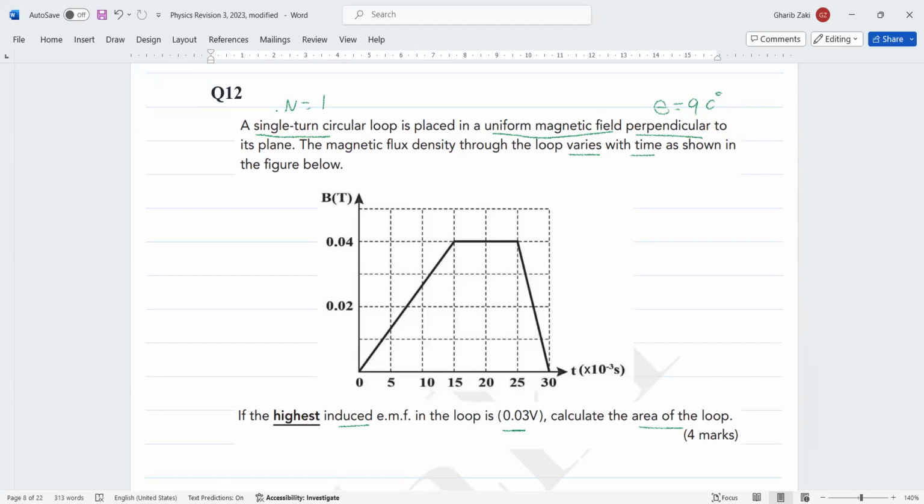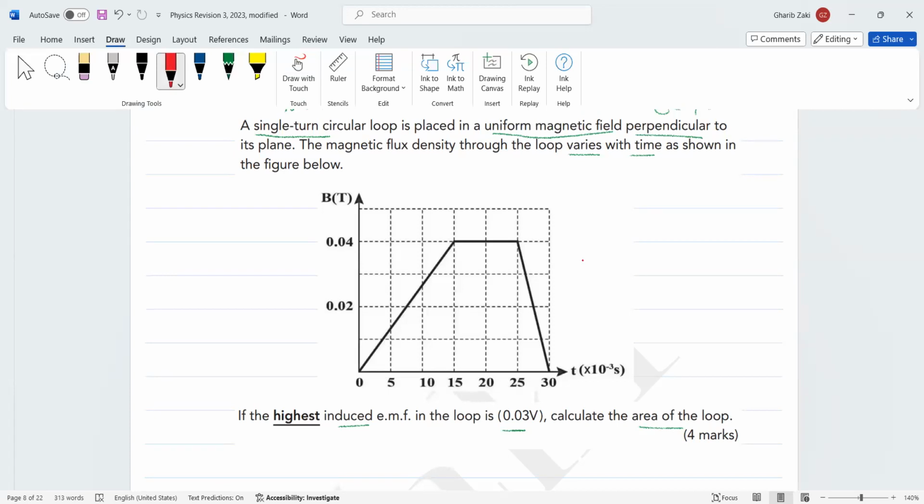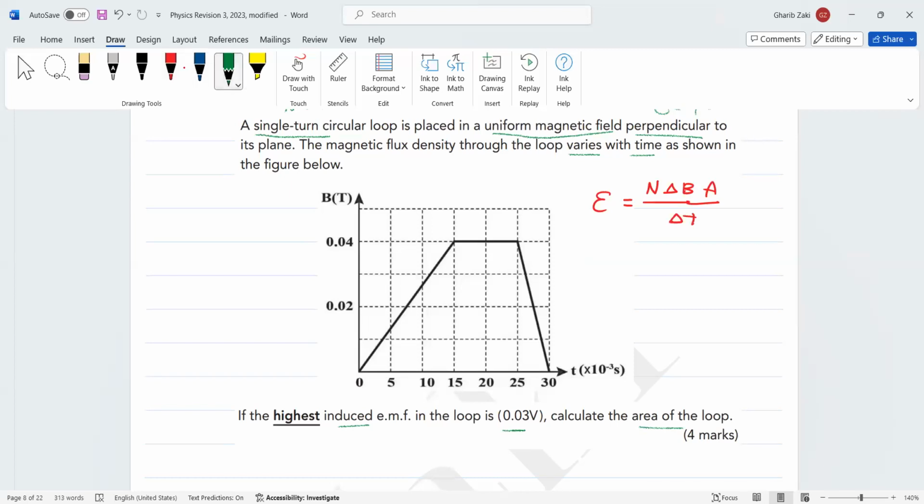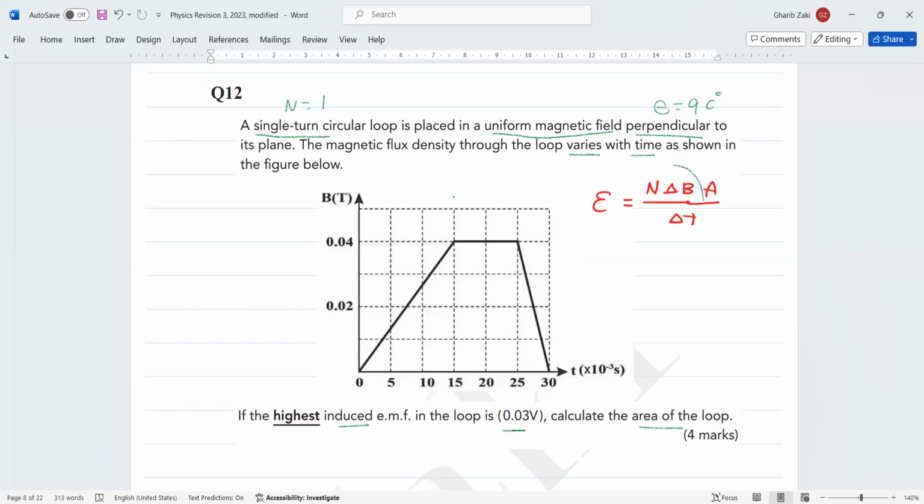What is EMF induced? Let us think of EMF induced. EMF induced equals N delta B, because we have a change in B, multiplied by A, over delta T. Follow me, please. Delta B by delta T, from this figure, is the slope.